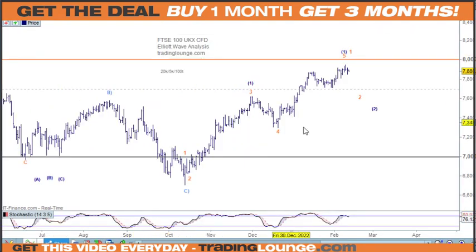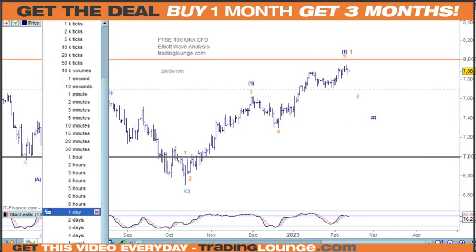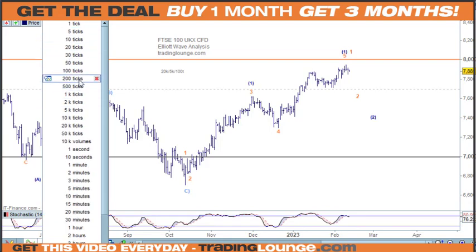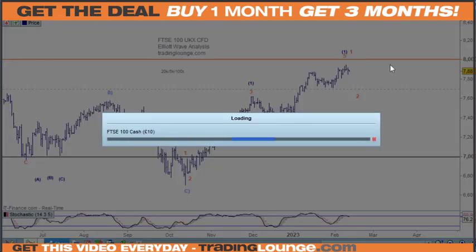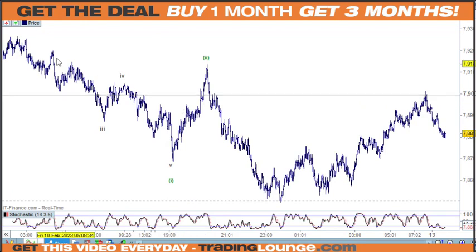So the FTSE is much the same as well, just starting to turn at this point. Now we can look at it as 1, 2, 3, 4, 5 to the upside, with wave 1 coming back for a wave 2, or we can look at it as wave 1 here and a 2 here, and then a smaller 1 and 2 at this point, giving us a tighter correction. So we'll be playing both of them out, and I'm just going to cut straight through to the 100 ticks on this and come in around that top area here.